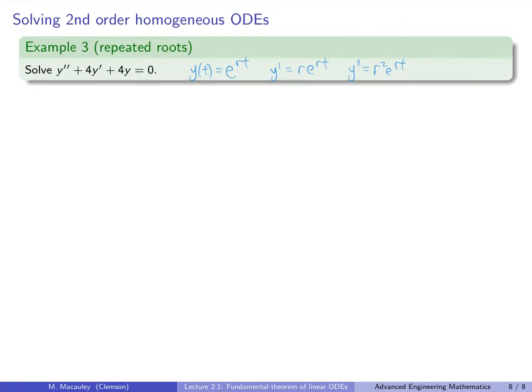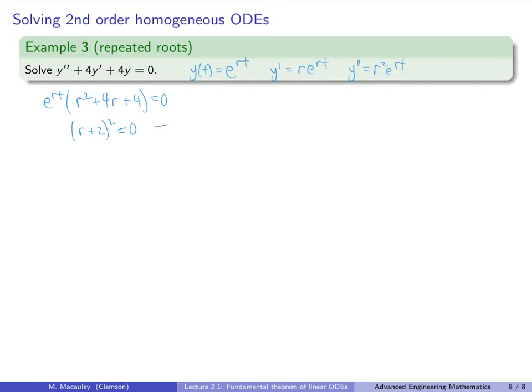And if we do that, I'll skip a few steps because we know how this turns out. We get e to the rt times r squared plus 4r plus 4 equals 0. So I've literally just put these coefficients 1, 4, and 4 right here, here, and here. Now this factors as r plus 2 quantity squared equals 0.